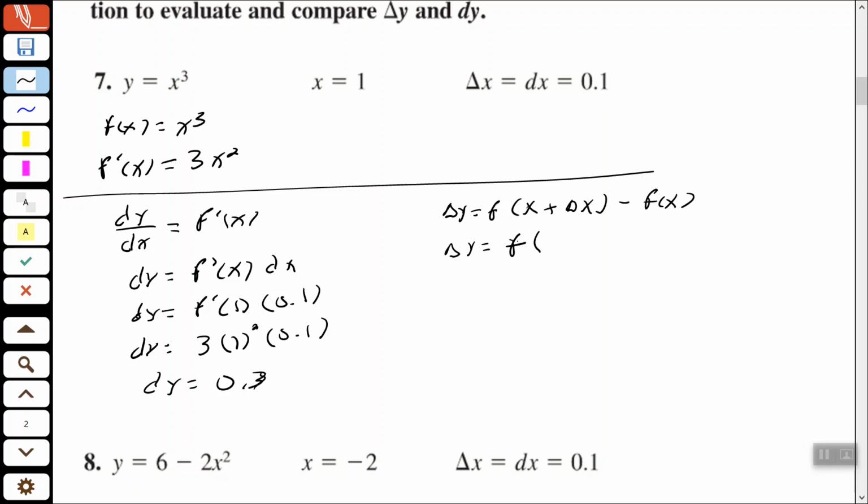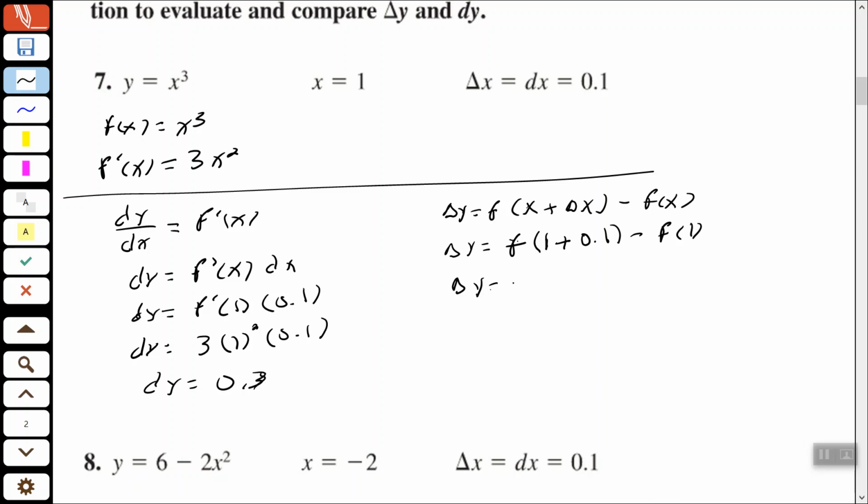So x plus delta x, 1 plus 0.1, minus f of x, so minus f of 1. So 1 plus 0.1 is 1.1.